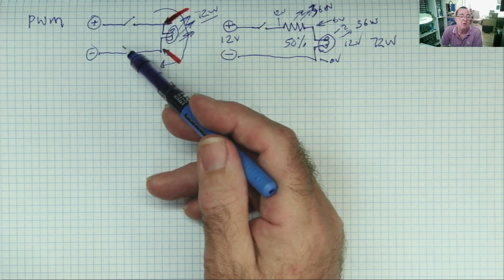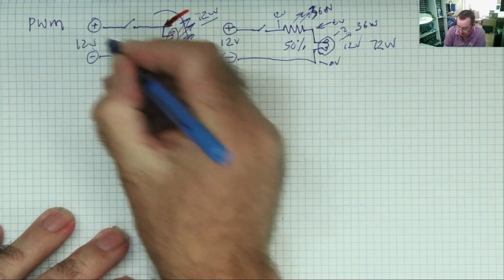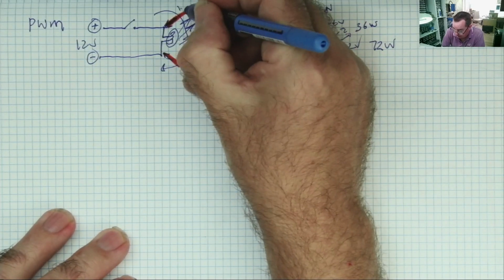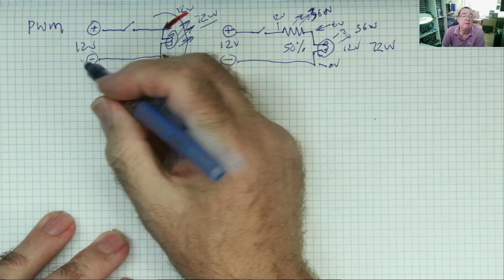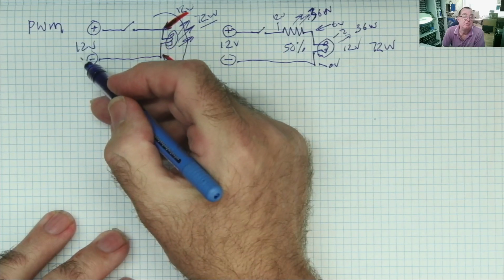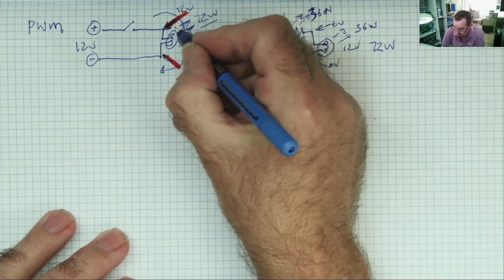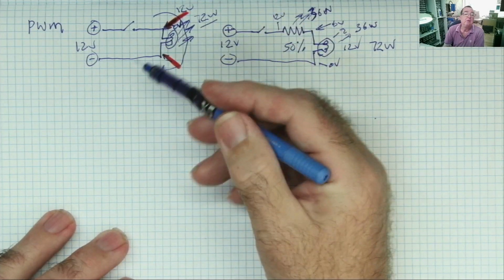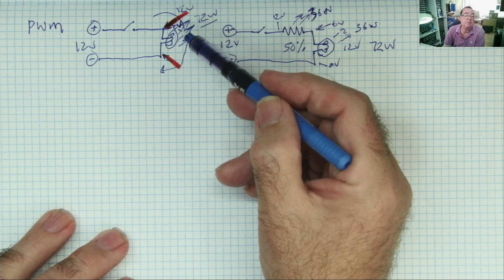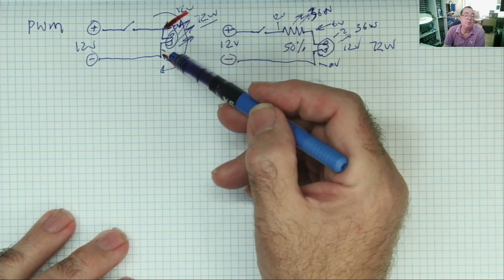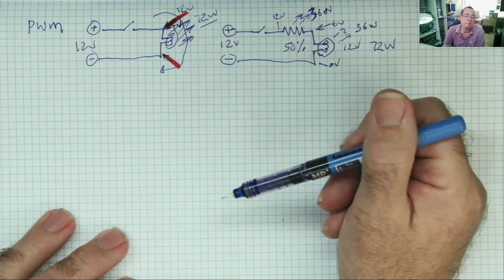When the switch is closed, and this is a 12 volt supply, we will have 12 volts here. When the switch is open, we'll have 12 volts here and we'll have 0 volts here because the switch is open. So we can switch the supply to the bulb between 12 and 0.